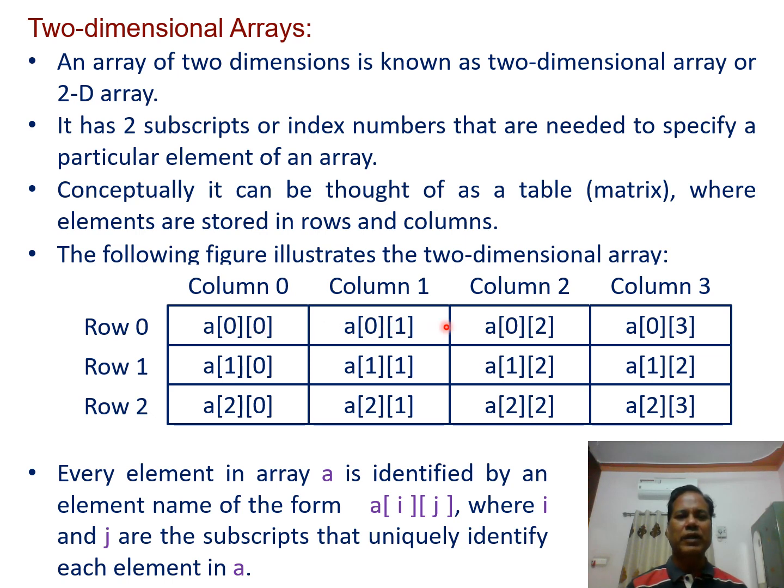In a similar way, first row and second column refers to the second element. Similarly, the last element is identified by third row number and fourth column number, A23. So we use two subscripts or index numbers to refer to each element of a two-dimensional array.